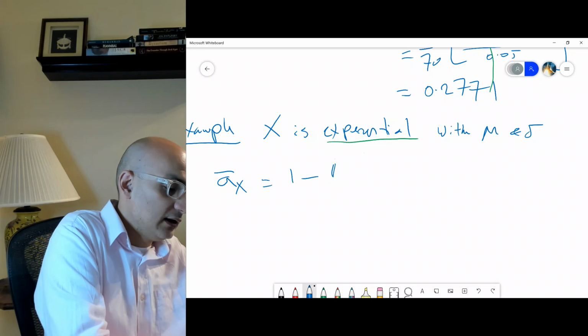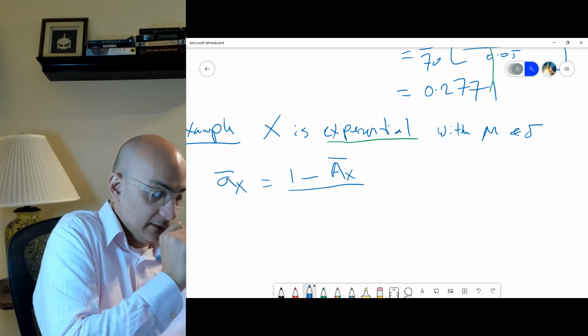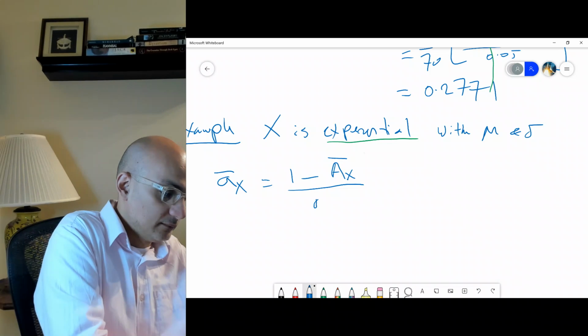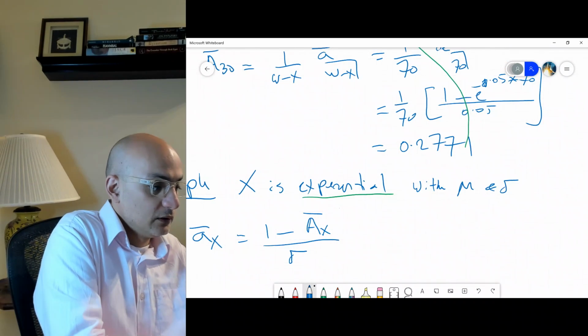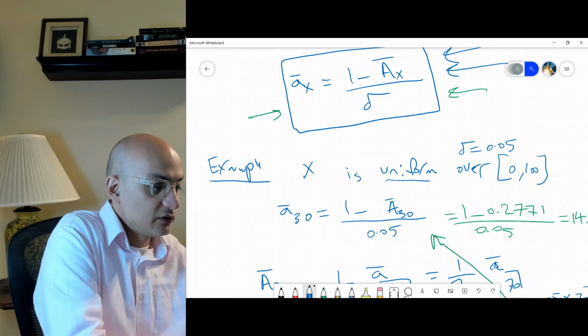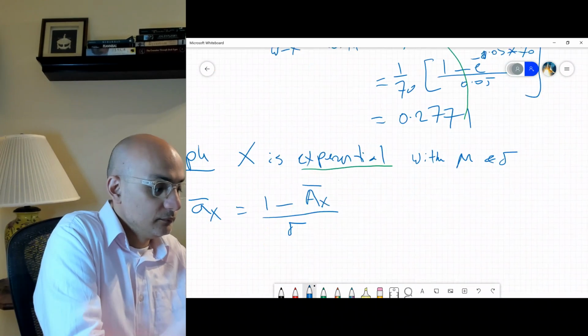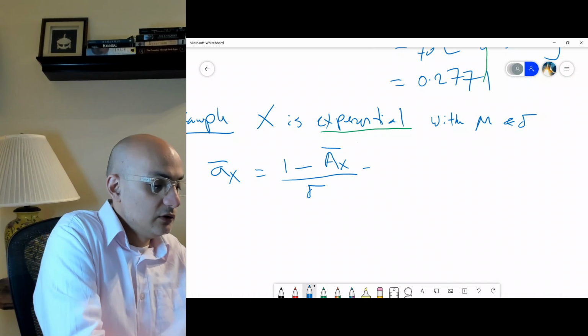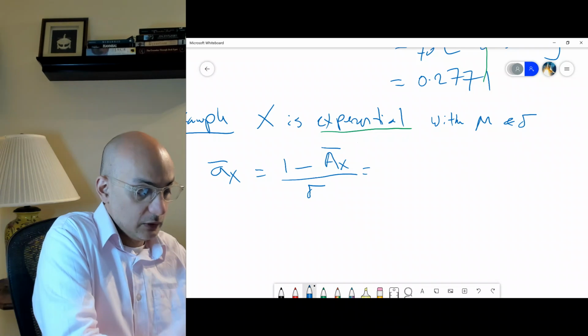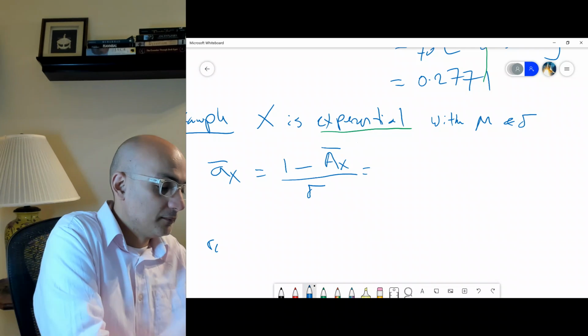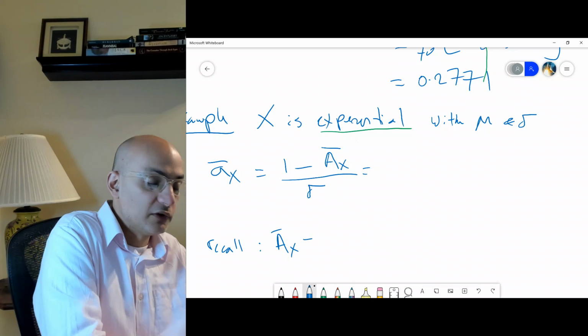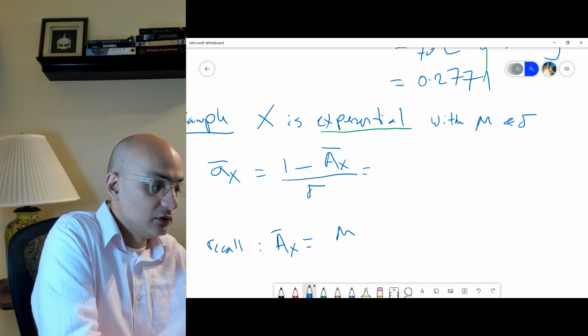Let's do it from the beginning, because this is ax divided by delta, right? So we are following this rule. Now I want you to remember what is Ax. Recall, for exponential distribution, only for exponential distribution, this is mu over mu plus delta, right?